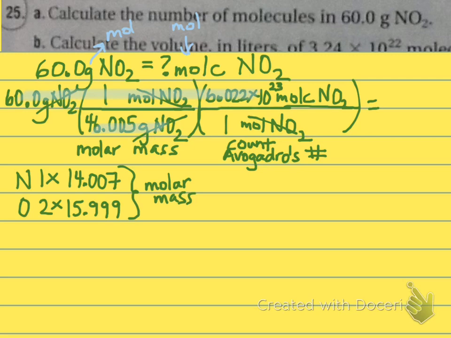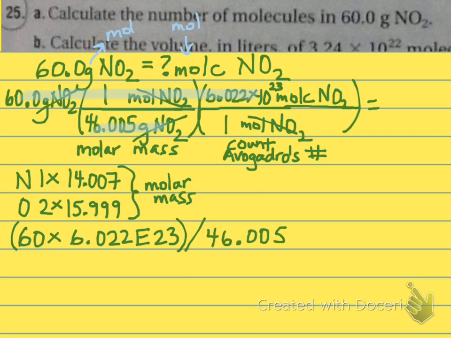So when I type this in my calculator, I'm going to type 60 times 6.022, I'm going to use that E button so I don't have to worry about parentheses, 23, divided by the 46.005. And I need parentheses just to make sure my calculator does it the right way.